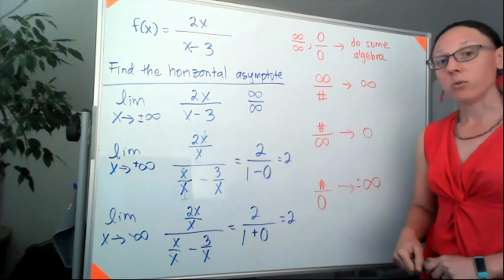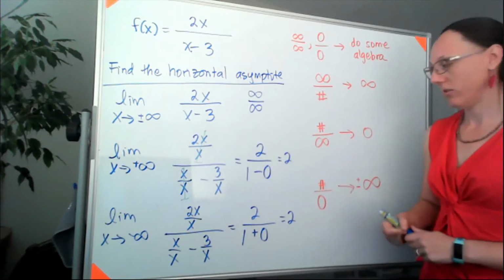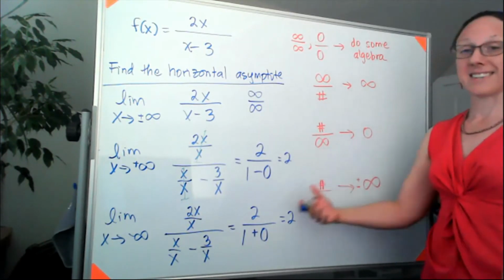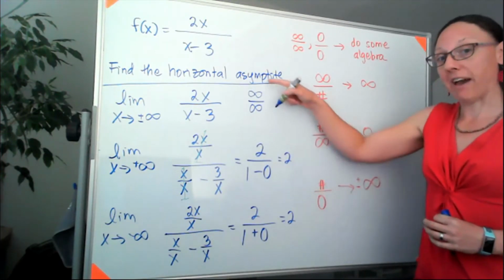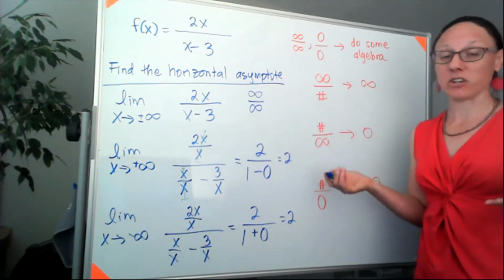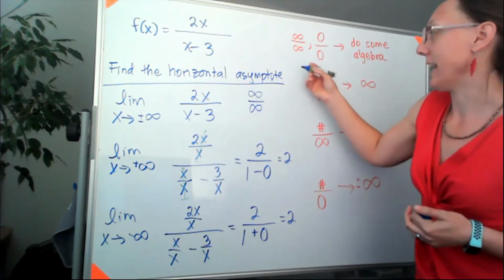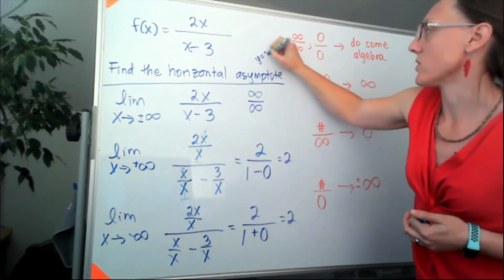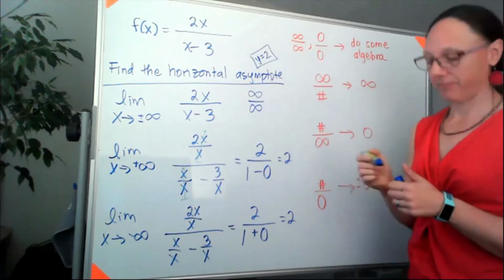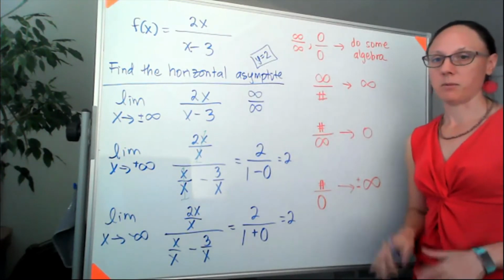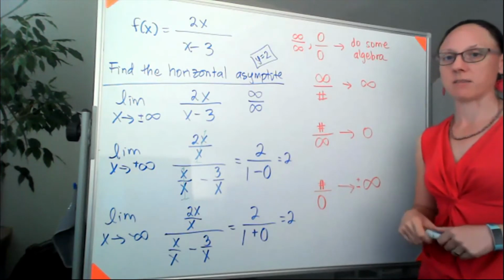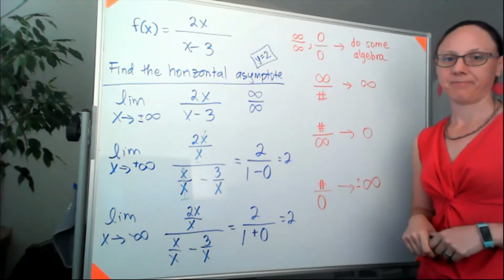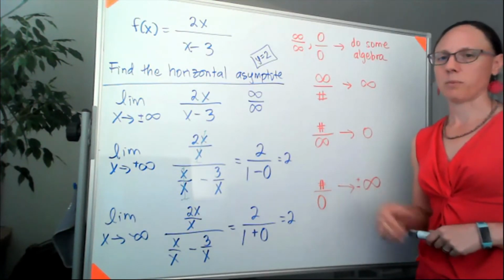So now I know that our horizontal asymptote is, since the answer to a limit is what y is trying to be, the equation for my horizontal asymptote is y equals 2. I'm going to pause there just for a second, and then we'll talk about finding the vertical asymptote. And we'll do more practice with this, don't worry.